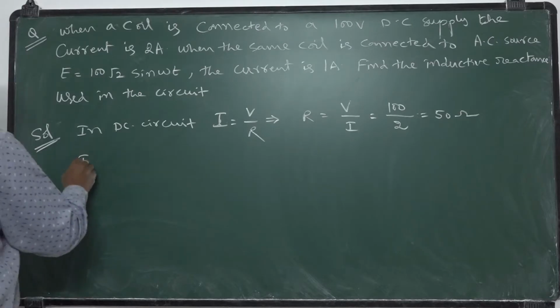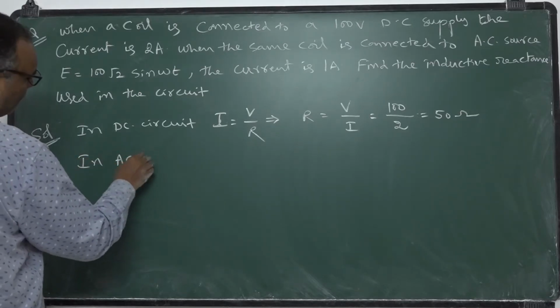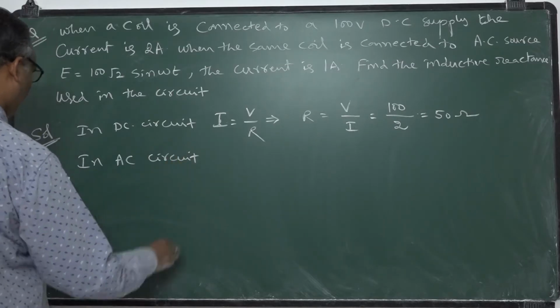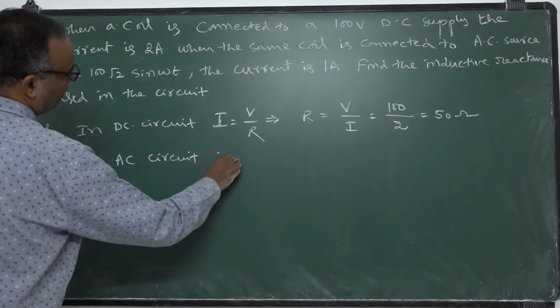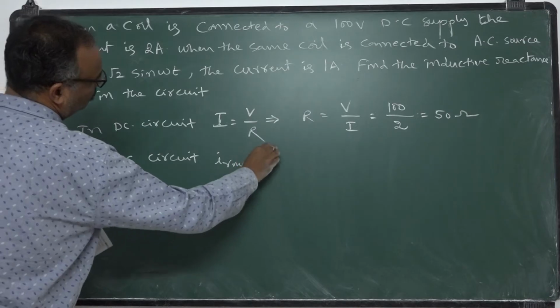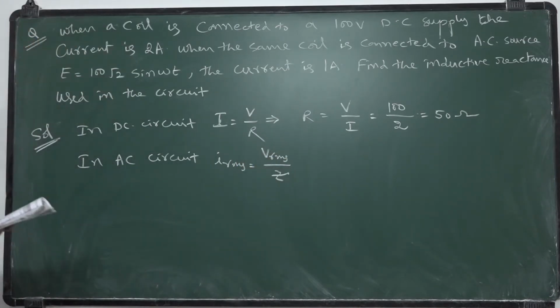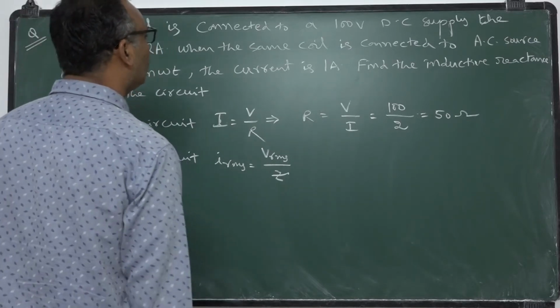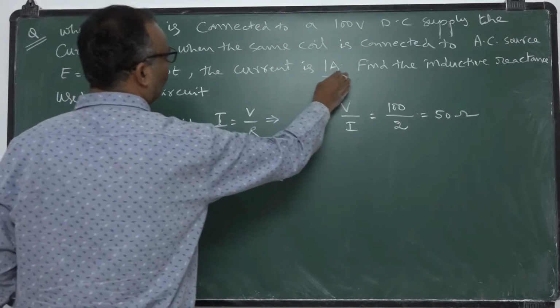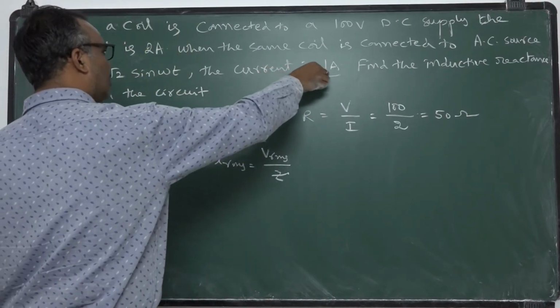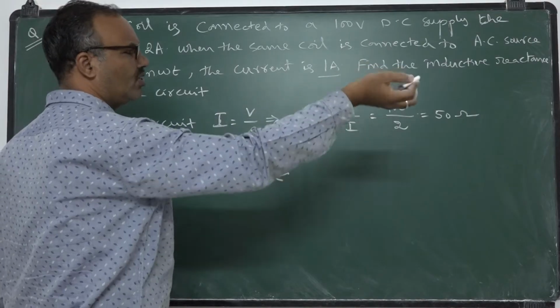Whereas in an AC circuit, whenever you want current, if you want IRMS, you should take VRMS by Z, the impedance. They gave the current is 1 ampere. They did not mention whether it is instantaneous value or average value or something.